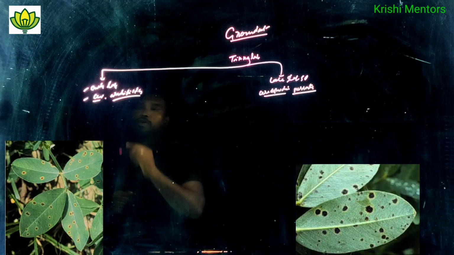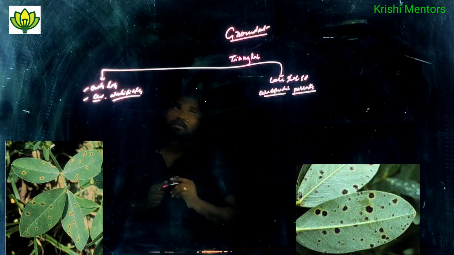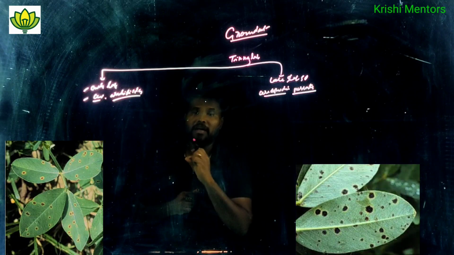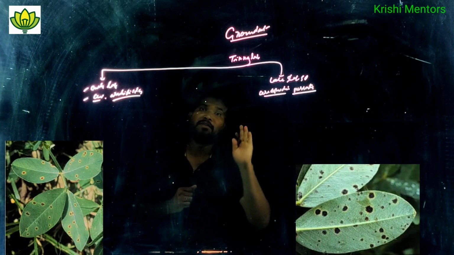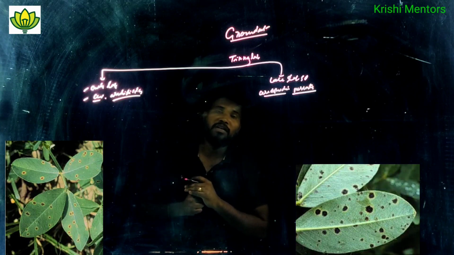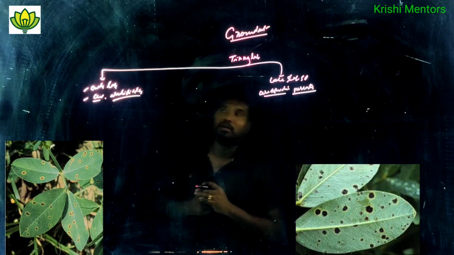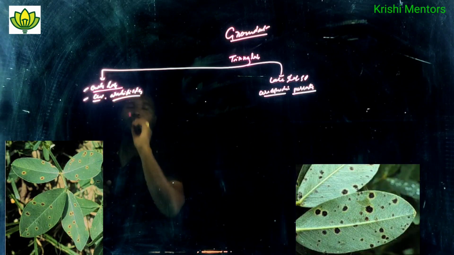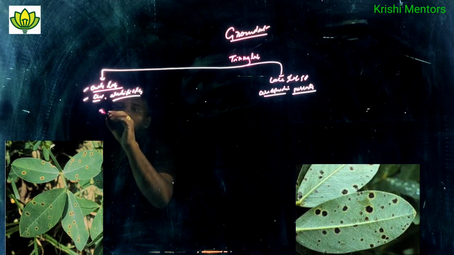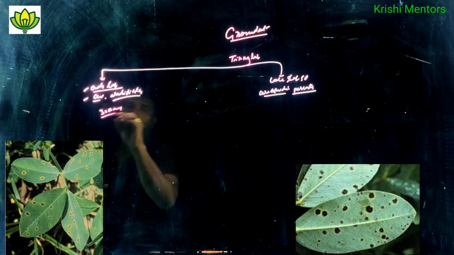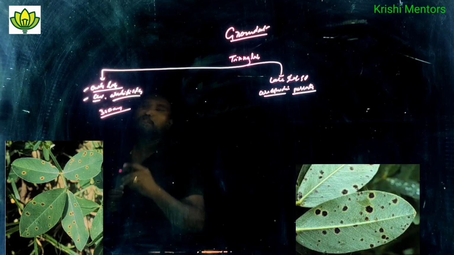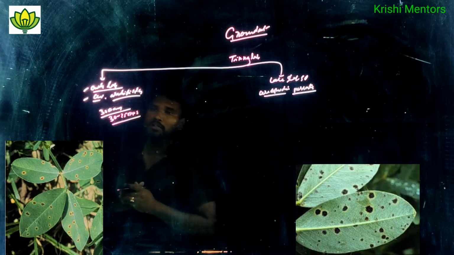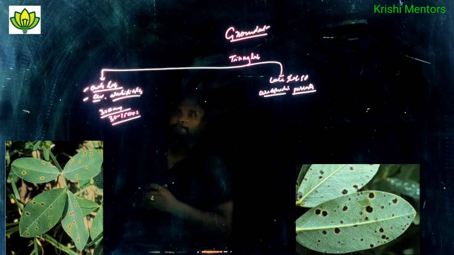Clear? Please remember that both early and late leaf spot first appear on the lower leaves, the older leaves of the groundnut plant. Early leaf spot generally appears about 30 days after sowing, in some books 30 to 35 days.